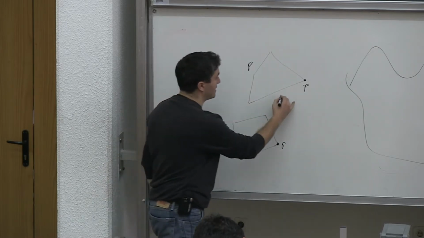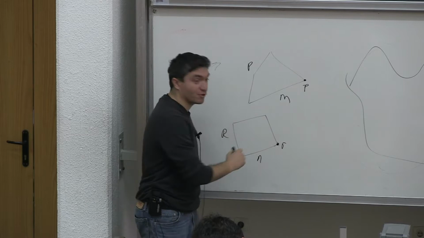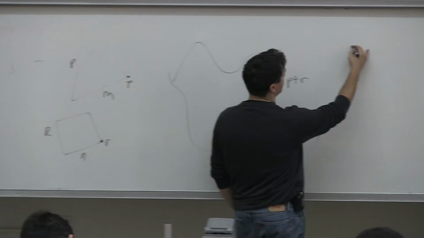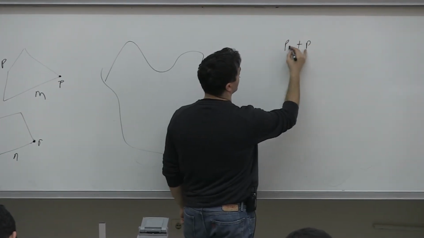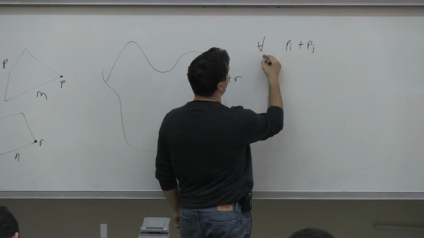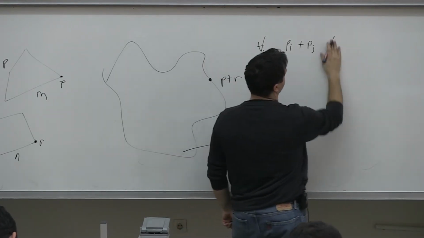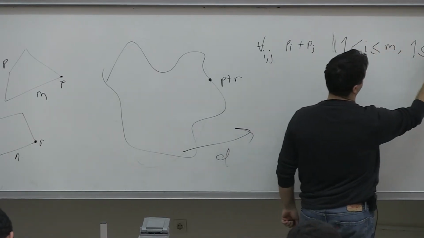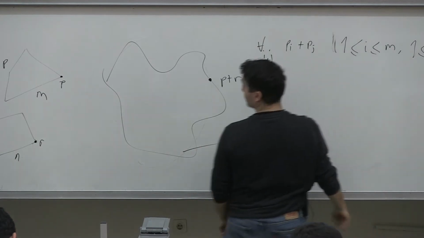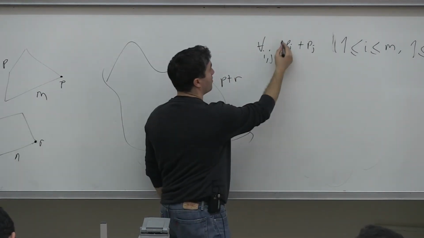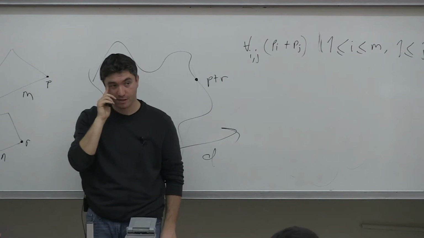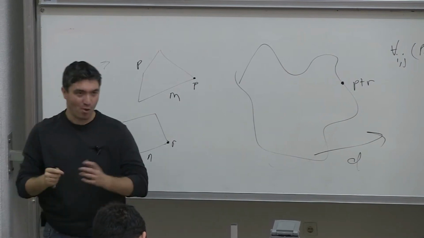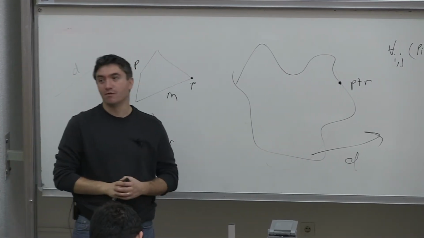For example, if this has m vertices and this has n vertices, we may take the sum of every pair of vertices, Pi plus Rj, for all i, j. This is going to give us m times n points.